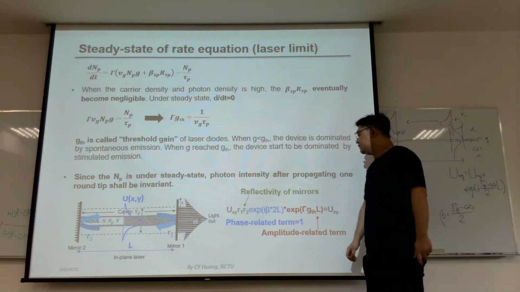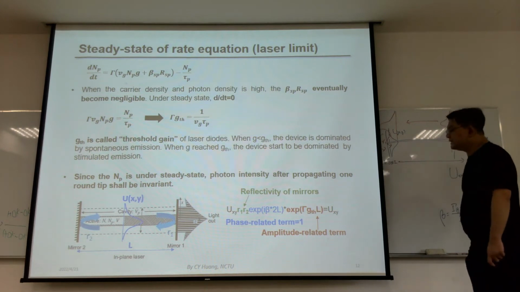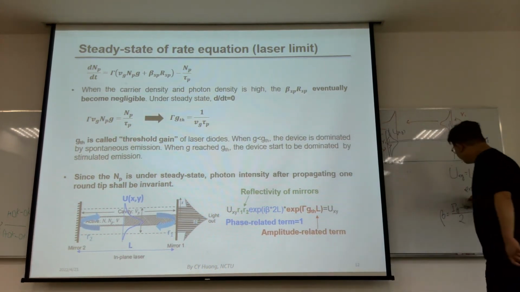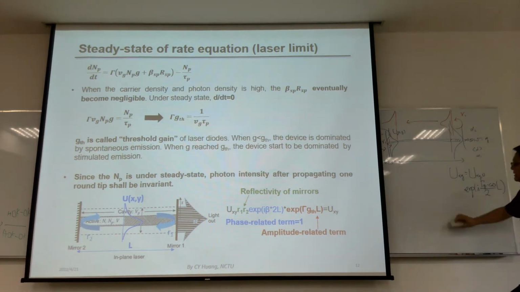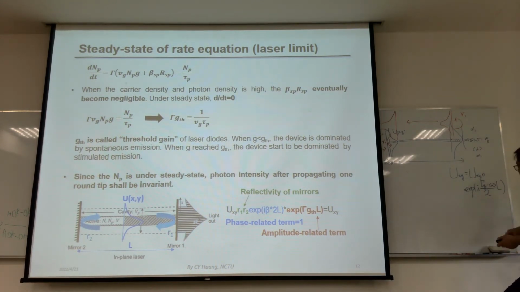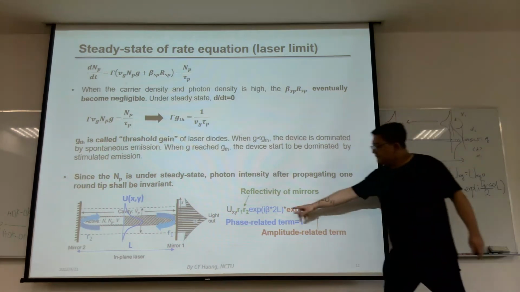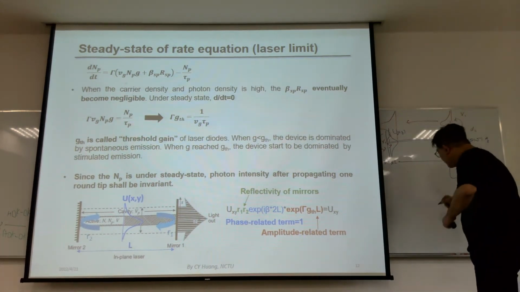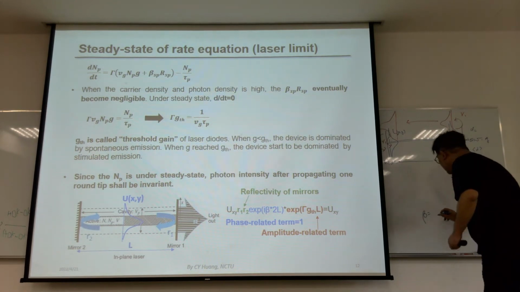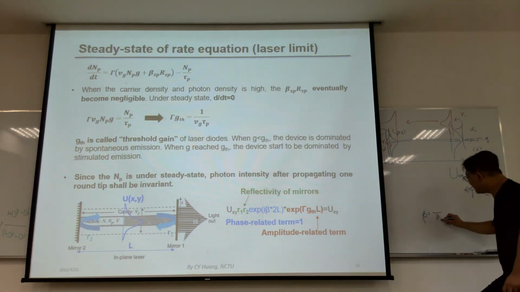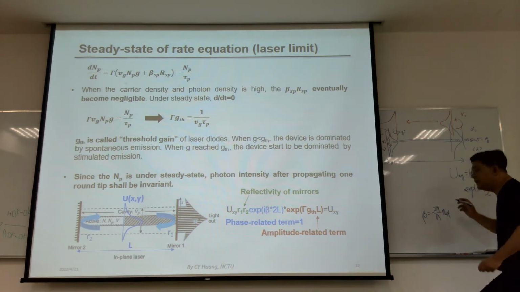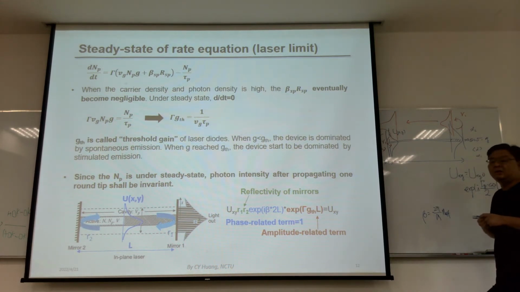Oh, sorry, I withdraw that, this is not gamma. This is only the phase term. The beta is 2 pi over lambda times N_eff, the effective refractive index.